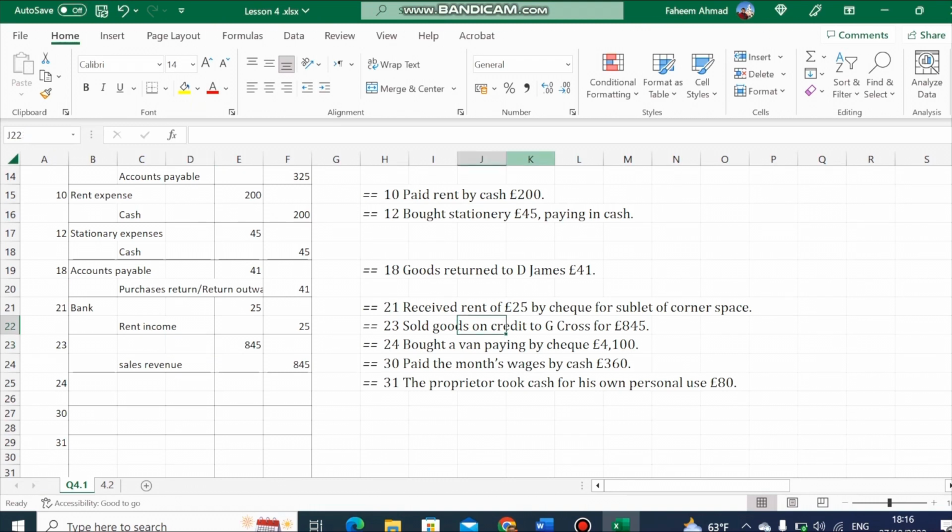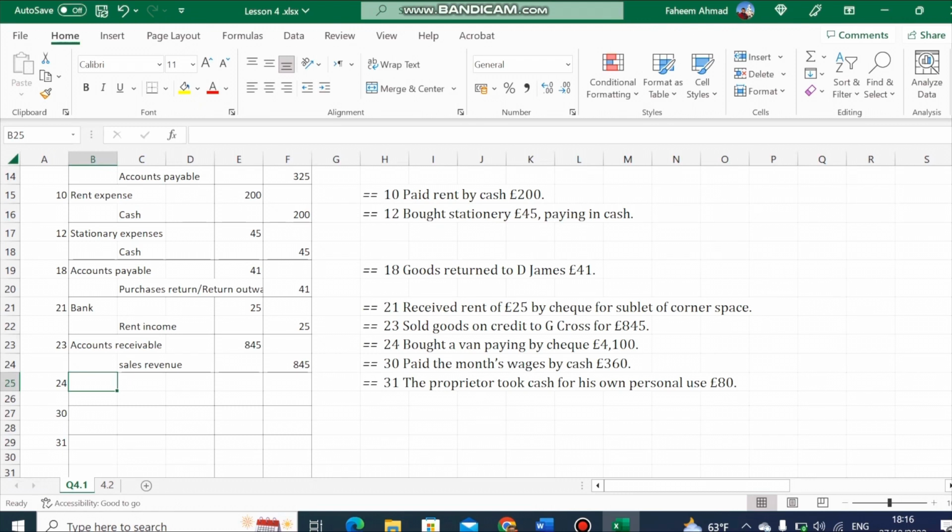They haven't received cash or check. So, sorry. When they have sold on credit, it means that it's accounts receivable. So, accounts receivable is increasing. Accounts receivable is an asset, increases. Debit.